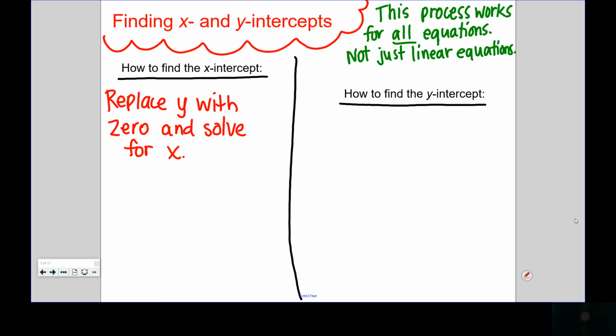So it's kind of the opposite of how you might think. Similar process over here. How to find the y-intercept, you're going to replace x with 0 and solve for y.